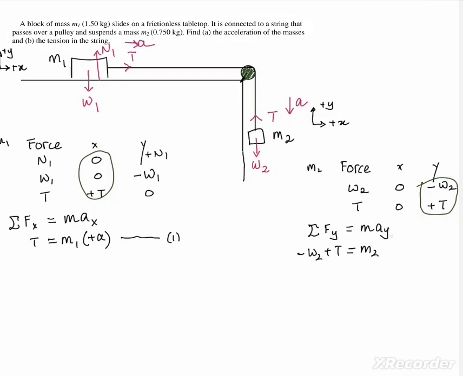Now we have to be careful. We see that a here is downwards, but we took y as our positive, y as upwards. So a is downwards, which means it is negative. So we have to be careful of the direction of the acceleration. And let's call this our equation 2.